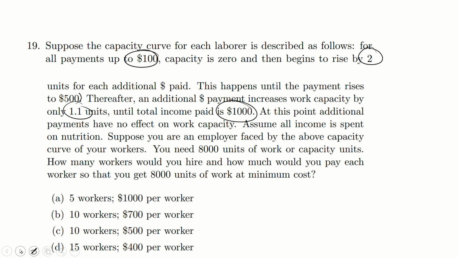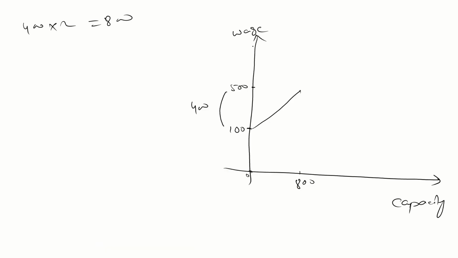So till 1000, how much is the increment? The increment is 500, right? So 500 into 1.1, because for each additional dollar the capacity will increase by 1.1 units. So the total is 500 into 1.1.